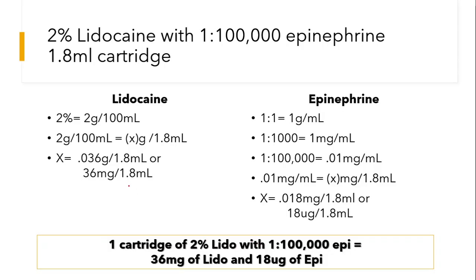So in one cartridge, you have 36 milligrams lido and 18 micrograms of epinephrine. So basically, do your math. If you have 2 cartridges of 2% lido with 1:100,000 epi, you just multiply by 2: 36 times 2 gives 72 milligrams of lidocaine and 36 micrograms of epinephrine.